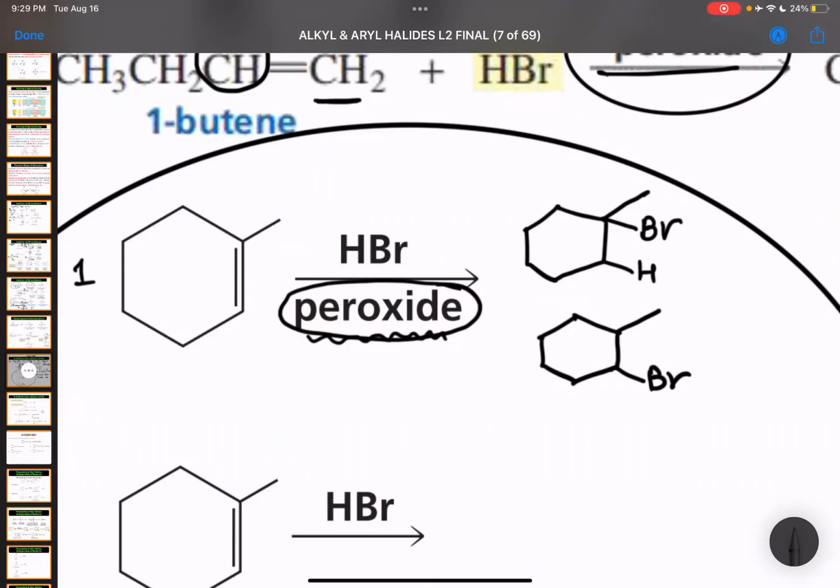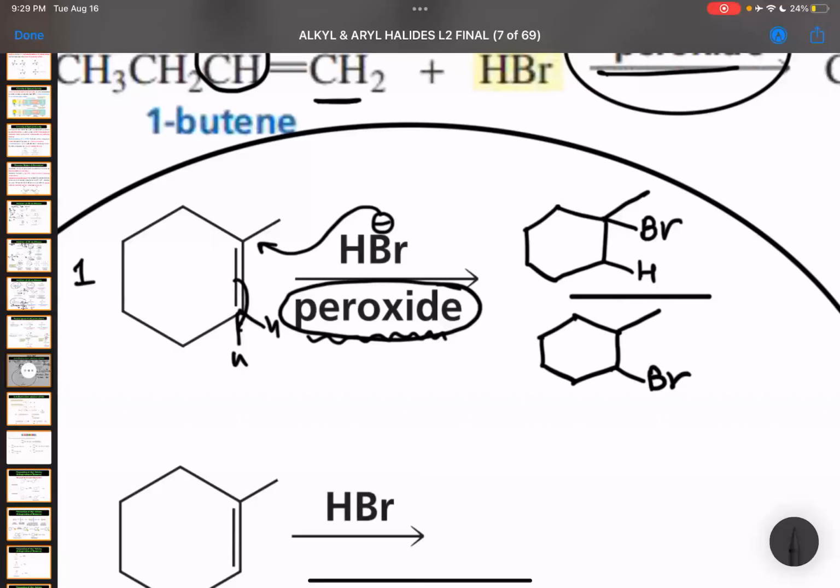So if peroxide is there, addition will get reversed. So normally, how does addition occur? It occurs when H+ adds itself to the double bond carbon bearing more hydrogens, and then the Br comes and joins in this way.